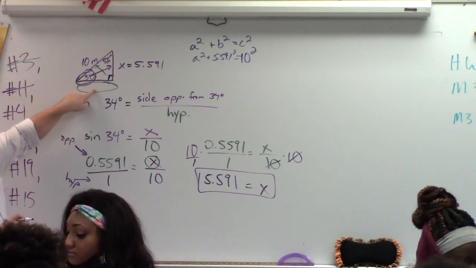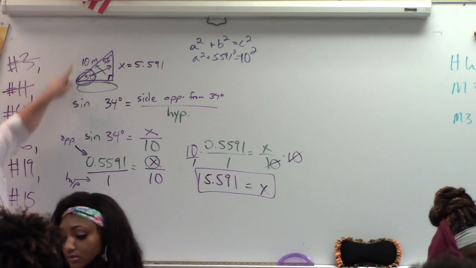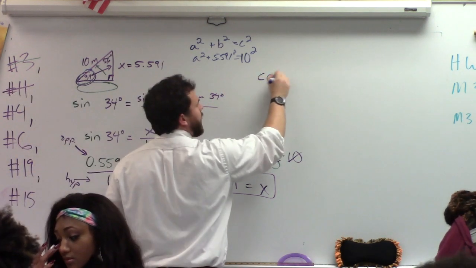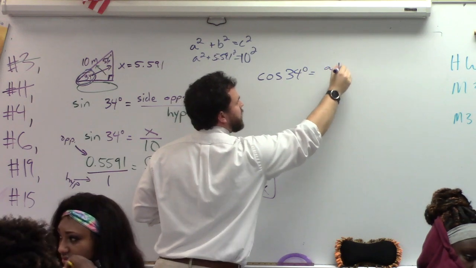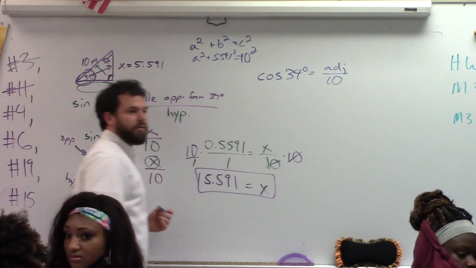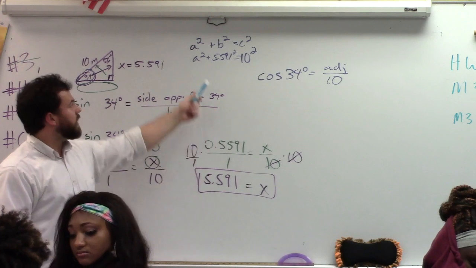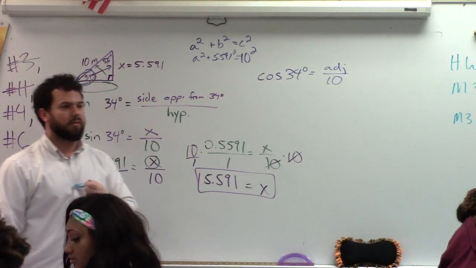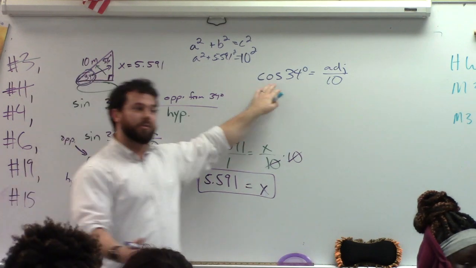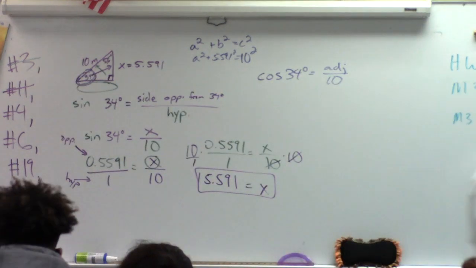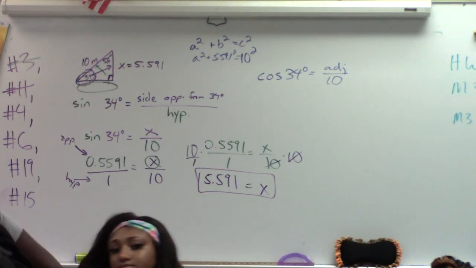The adjacent, and we have the... So, is London correct that we can do cosine of 34 degrees is equal to adjacent divided by 10, the hypotenuse? Which one do you think is going to be easier? Guess what? It's your choice. I personally would go with this one, but it is important to notice that there are multiple strategies.